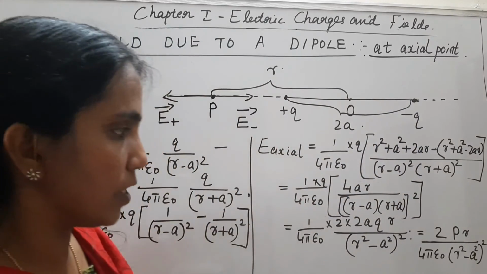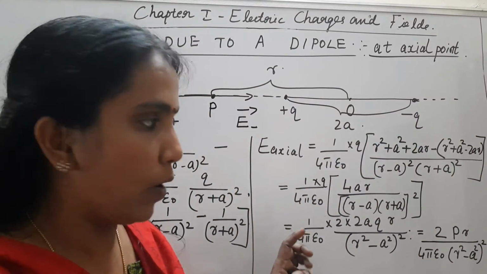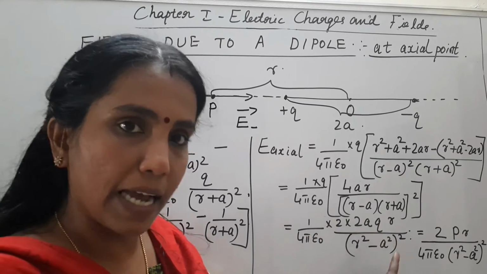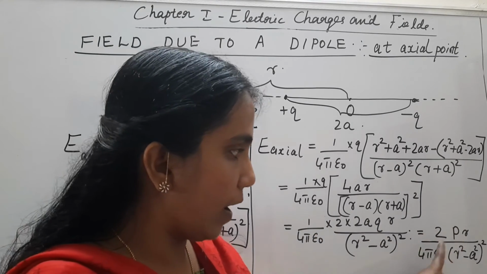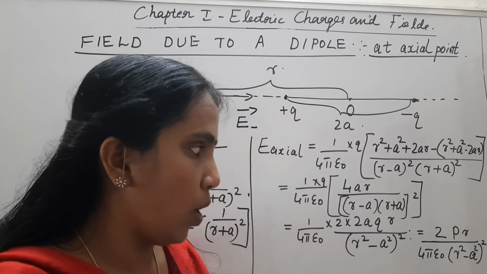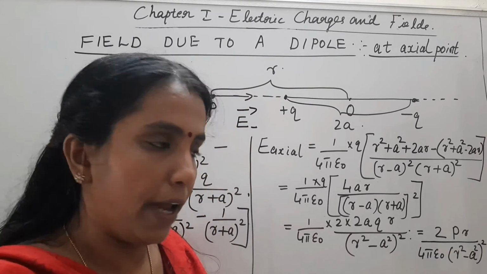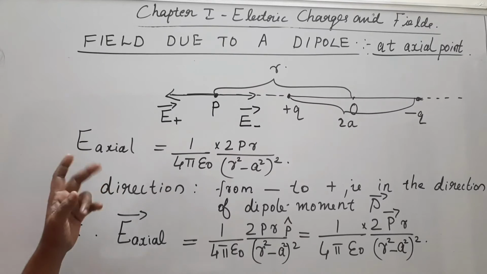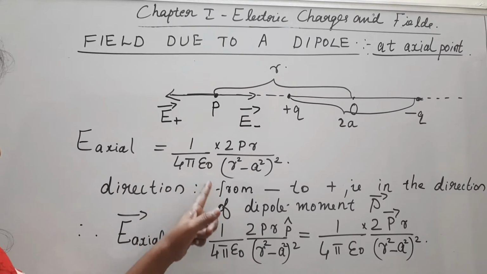So this is the expression for the magnitude of electric field at an axial point: 2pr divided by 4 pi epsilon 0 into (r square minus a square) whole square. So the axial field expression is this.